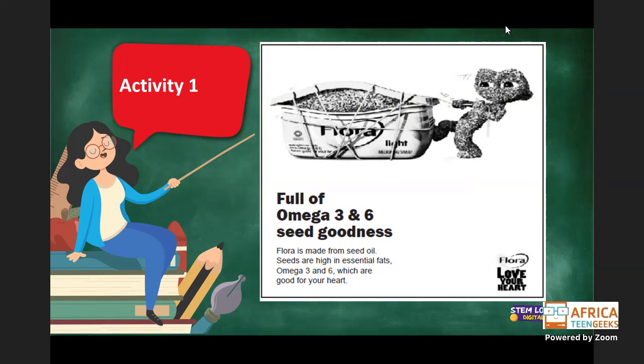So that also says something there. So yes, thank you, Rivka. There are seeds in the tub, and he's made of seeds, exactly. So that emphasizes that there is a lot of seed goodness.